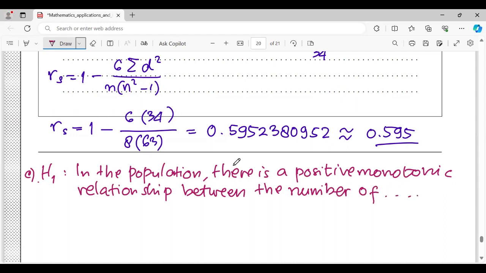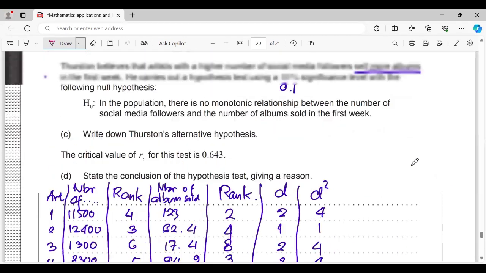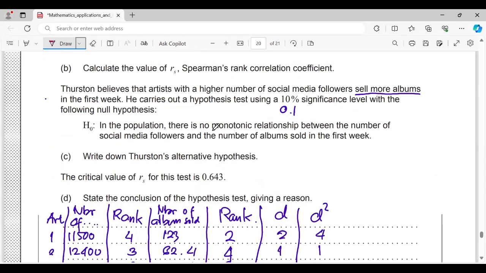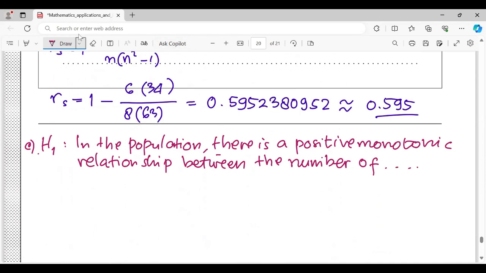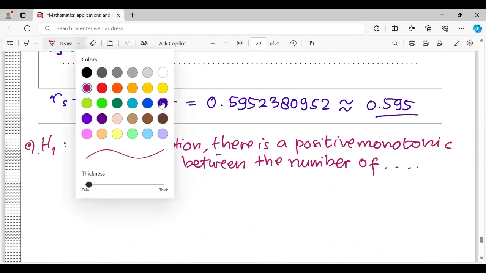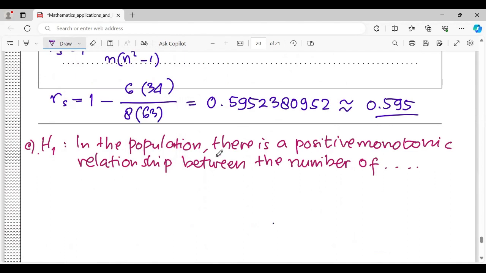The difference is only these words: in the null hypothesis, there is no monotonic relationship, and in the alternative hypothesis, there is a positive monotonic relationship.